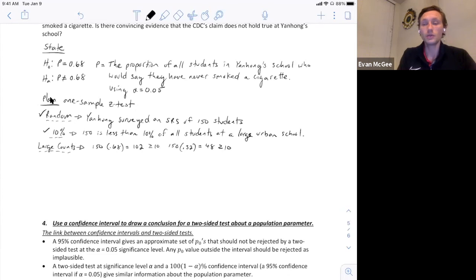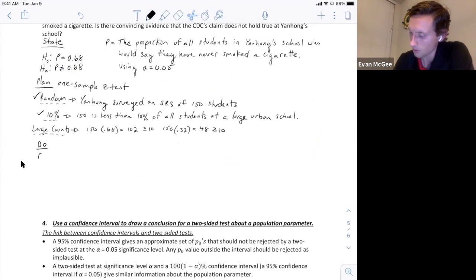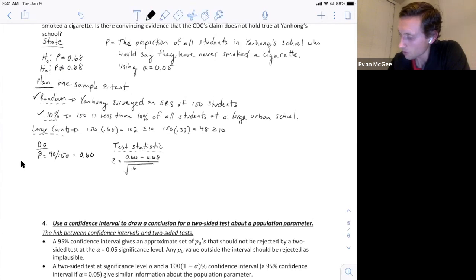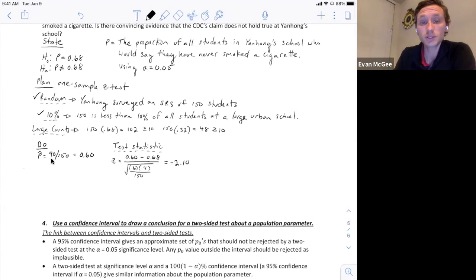So now we can do the test and actually calculate the 2 things, test statistic and the p-value, before we make our conclusion. So our sample statistic is 90 out of 150, which is 60%. So we find our standardized test statistic, which is the p hat minus the null divided by, oops, this is an error.